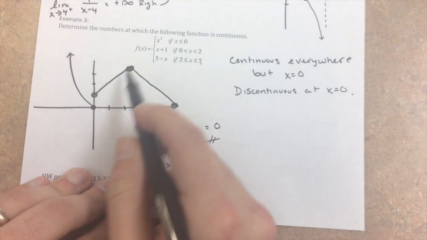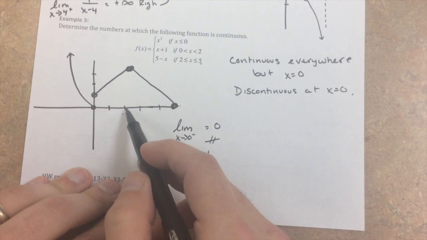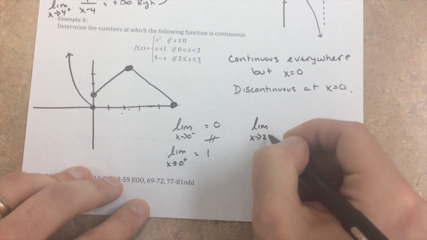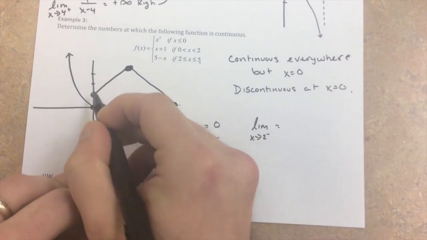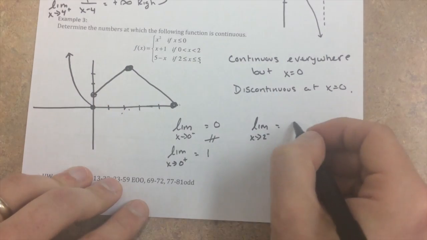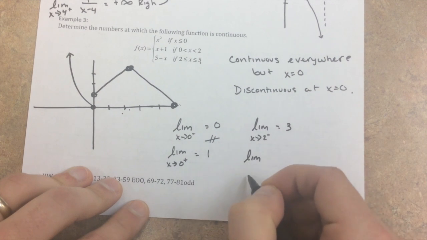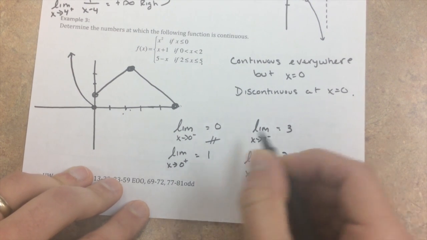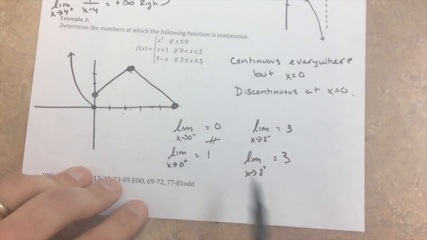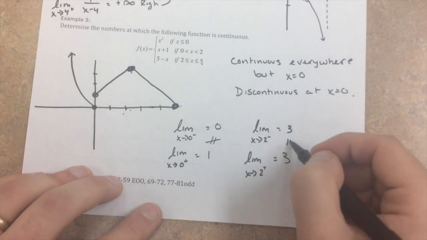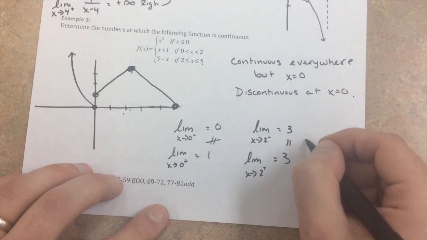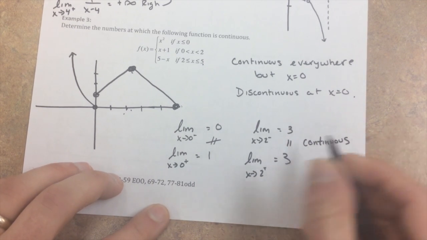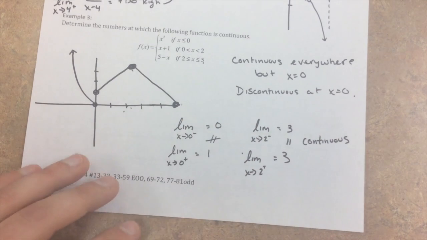Likewise, if we looked at the other transition point at 2, if we did the limit as x approaches 2 from the left, we see that we're getting closer and closer to 3. Same thing, the limit as x approaches 2 from the right, we see that we're getting closer and closer to 3. Because these are equal to each other, this is continuous. So that's using limits to justify the graph.